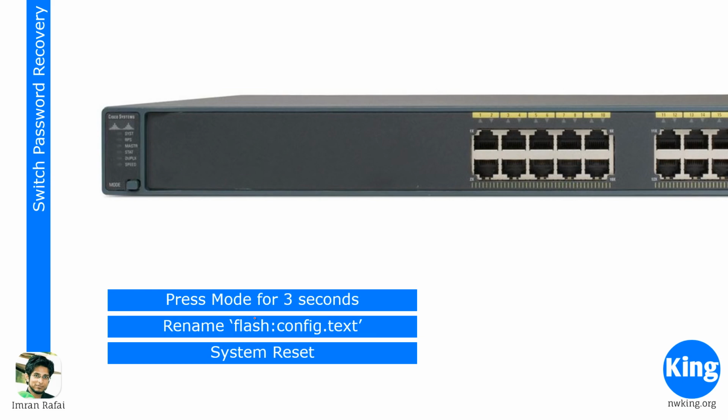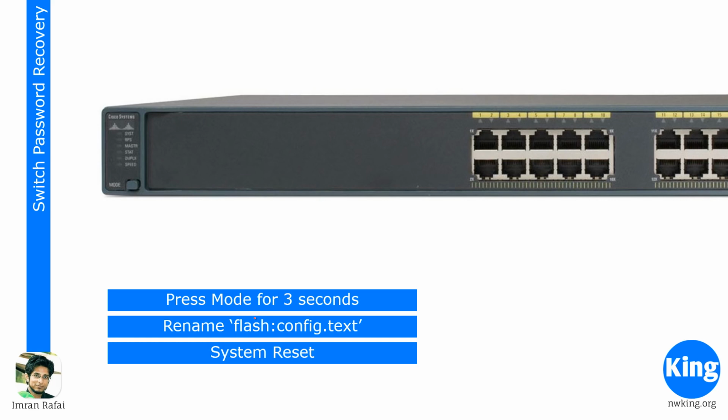Now how do we do password recovery for a switch, right? Like I said, in a router there is a power switch where you can put it off and put it on, but in a Cisco switch, there's no power switch, right?